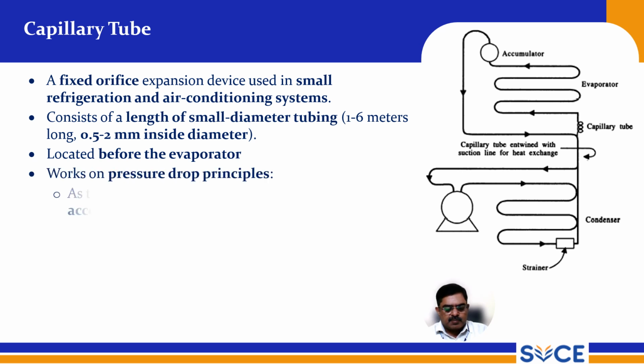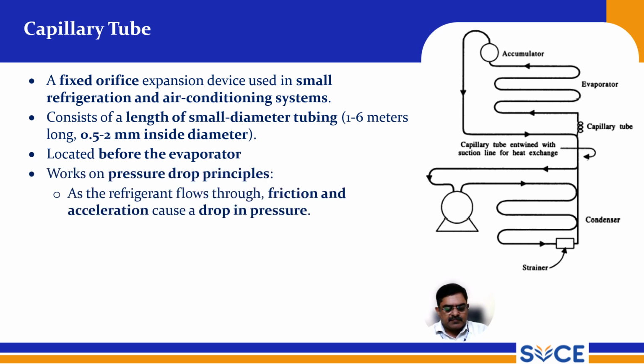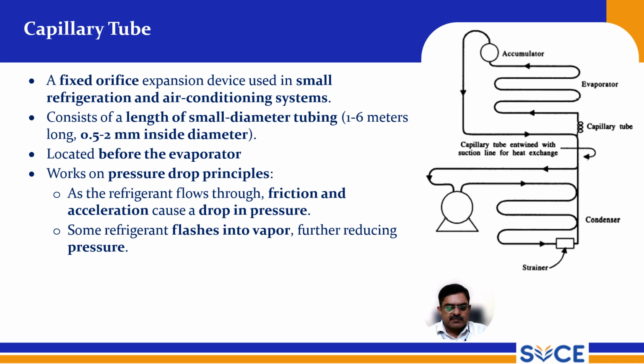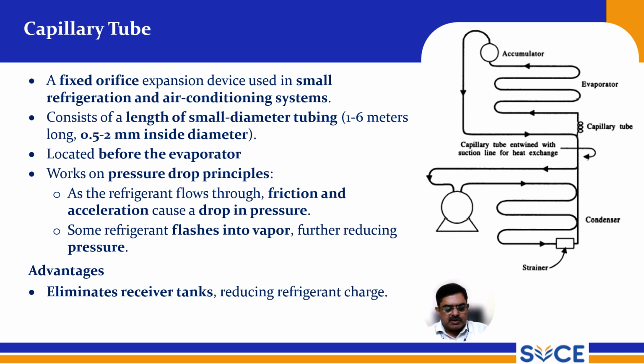It works on pressure drop principles. As the refrigerant flows through, friction and acceleration cause a drop in pressure, and some refrigerant flashes into vapor, further reducing pressure. The advantages of the capillary tube are that it eliminates receiver tanks, reducing refrigerant charge, and it has simple construction with fewer moving parts.